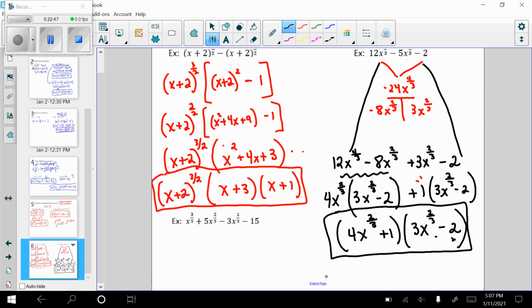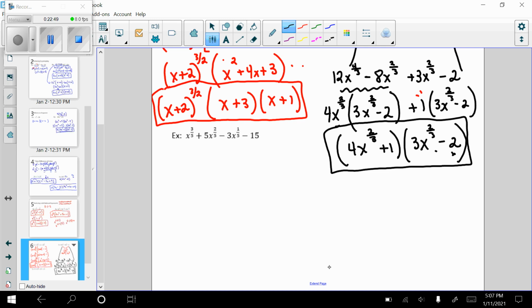All right, so one last one. Here I have my 4 terms, so I look to factor by grouping. So from this first one, I can pull out an x to the 2/5, smallest exponent showing. And then I would be left with x to the 1/5 plus 5.